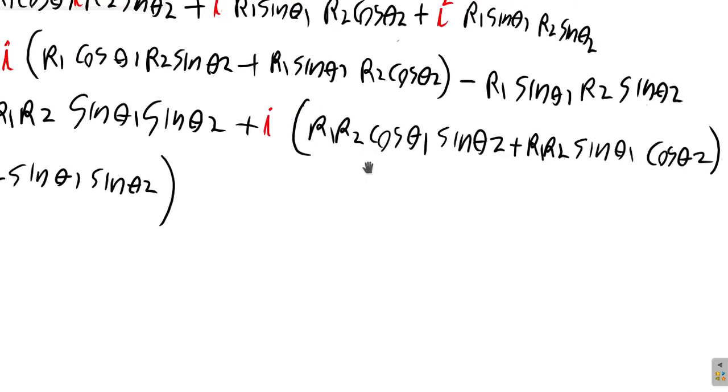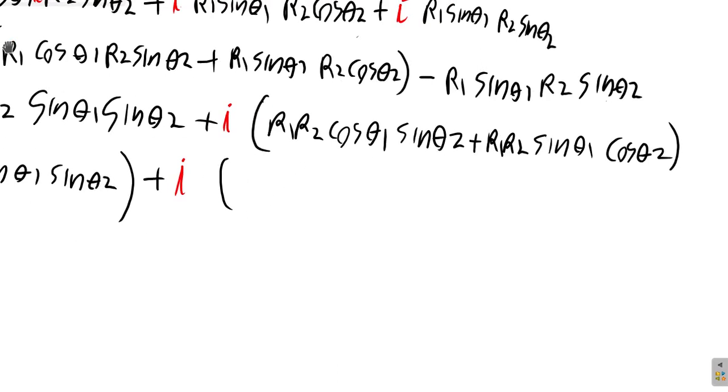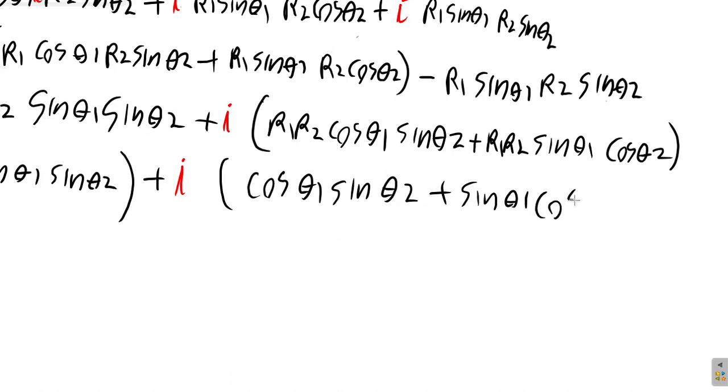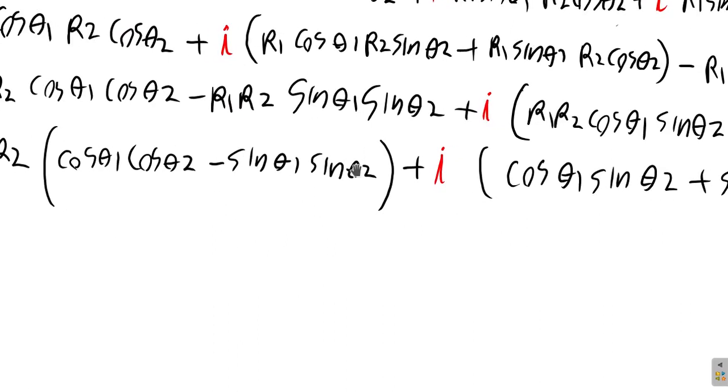We factor out the R1 R2 here, so we have plus i, and then what we have after this is cos theta 1 sine theta 2 plus sine theta 1 cos theta 2, the imaginary part. So that's what we have there.